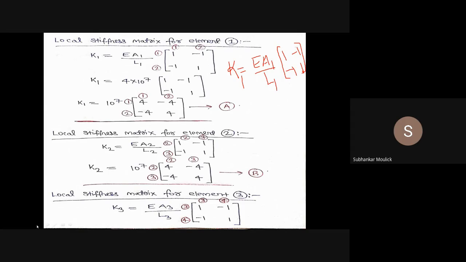If I multiply, the final local stiffness matrix for element number 1 becomes 10 to the power 7, 2 cross 2 matrix, 4, minus 4, minus 4, 4. The first row represents node 1, second row represents node 2, first column represents node 1, second column represents node 2. Let it be equation number A.